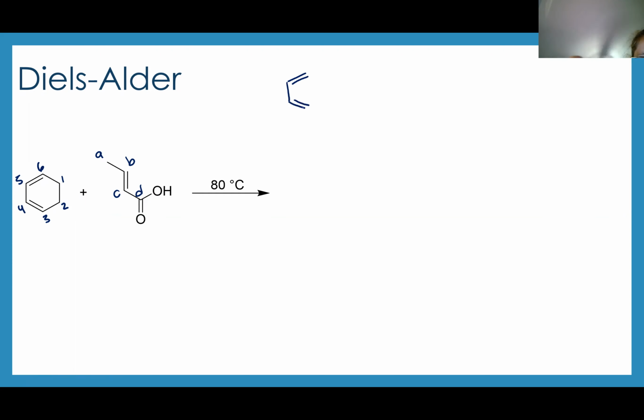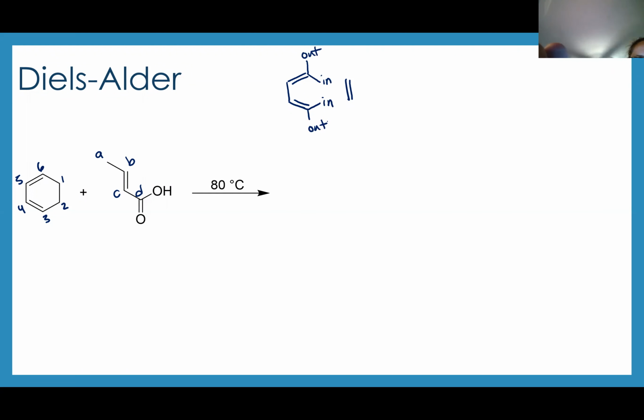So remember, you have your diene and you have your dienophile, which is an alkene. The diene has the possibility for two substituents on the outside of the alkene. You have your outside substituents and you have your inside substituents. Remember that a ring, such as in our example, is always considered inside.